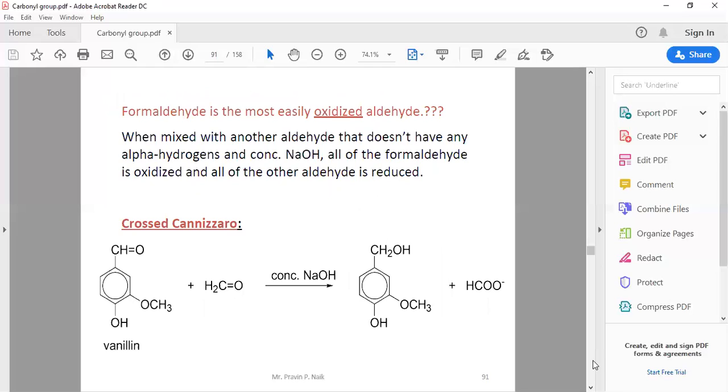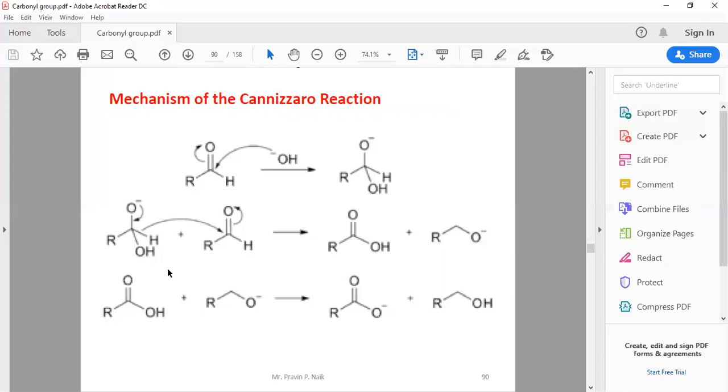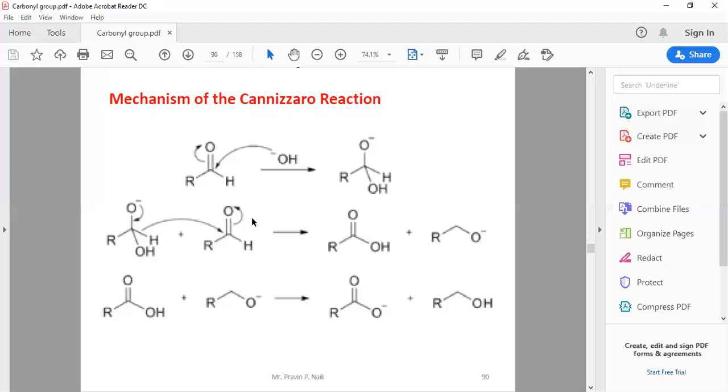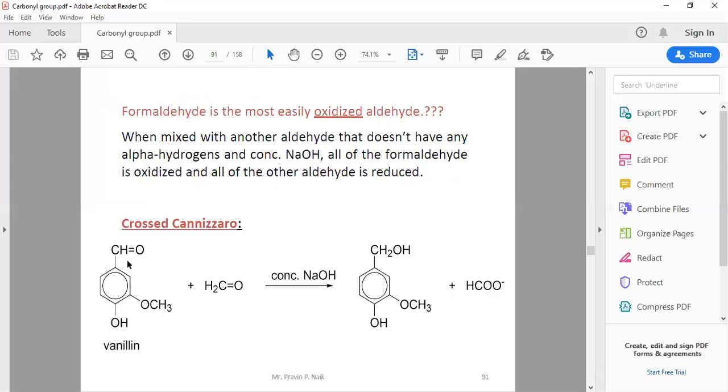Another type of Cannizzaro reaction is called the cross Cannizzaro reaction. In the previous plain Cannizzaro reaction, we saw there is a single type of starting material which reacts with the strong nucleophile. But here in this case, we have two different aldehydes.